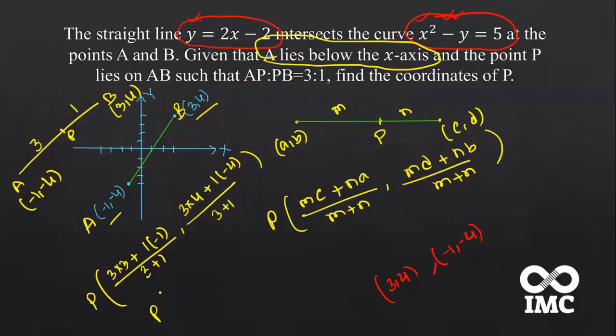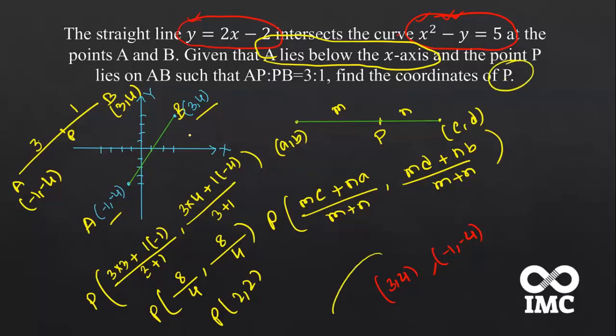So right now the point P will be: 3 threes are 9, 9 minus 1 is 8, 8 by 4, comma, 3 fours are 12 minus 4 is 8 by 4. Then we'll get the point P as (2, 2). And this is the coordinates of point P. So we can say that this one is the point P, and we can easily find that answer.